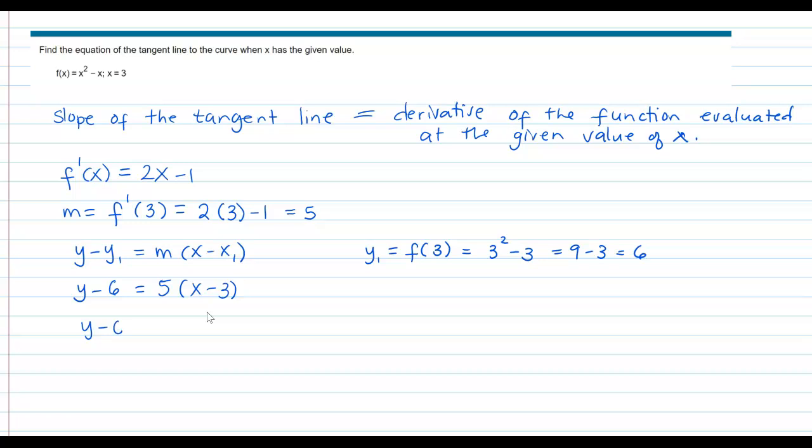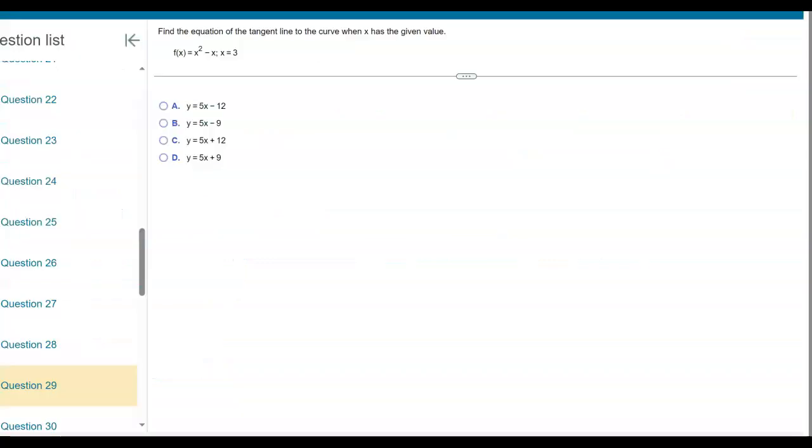We have y minus 6 equal to 5x minus 15. Then you have y equal to, move negative 6 to the other side of the equation. So that's 5x. And so you have negative 15 plus 6 is equal to negative 9. So the answer is y equal to 5x minus 9. So that's letter B.